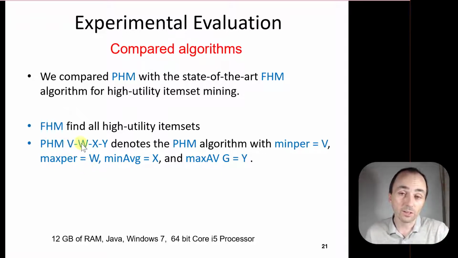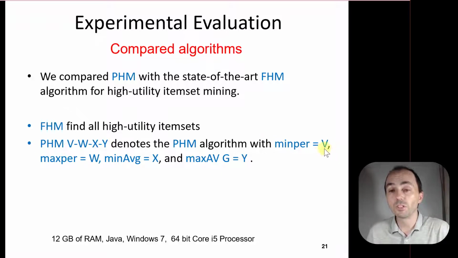In the following, we have 4 parameters for PHM. I will write like this: PHM V, W, X, and Y. It means minimum periodicity equal to V, maximum periodicity equal to W, minimum average periodicity equal to X, and maximum average periodicity equal to Y.